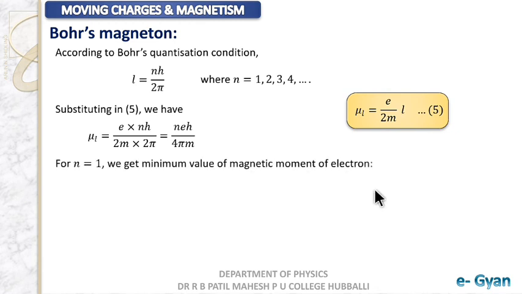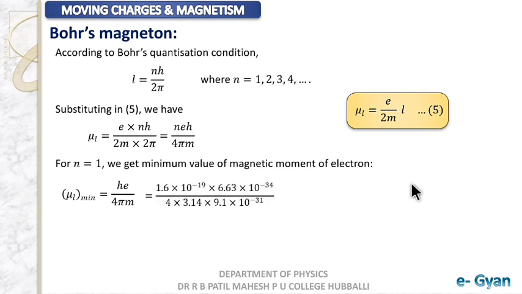If we take n is equal to 1, we get the minimum value of the magnetic moment of an electron. If we take n is equal to 1, that means the electron is in the first orbit. Let us proceed ahead and substitute it. So we get mu L minimum will be equal to eh divided by 4 pi m.